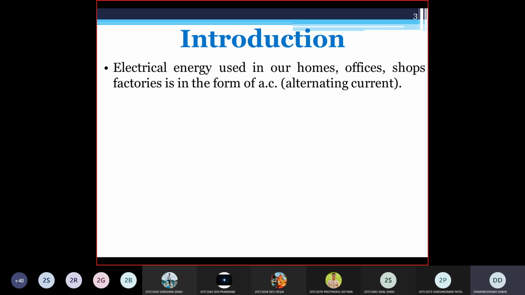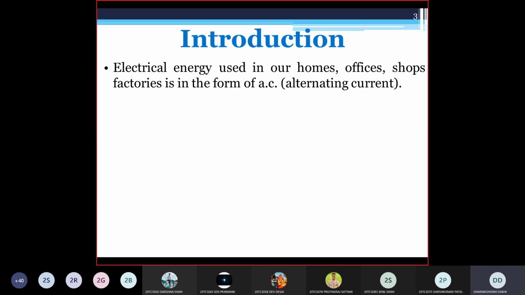Clear? Let me give the detailed answer. As I have told you, over a long distance you use the AC at high voltage. You transmit the power at high voltage. But again, there is a limitation of the AC in terms of distance. AC remains economical up to a certain distance.